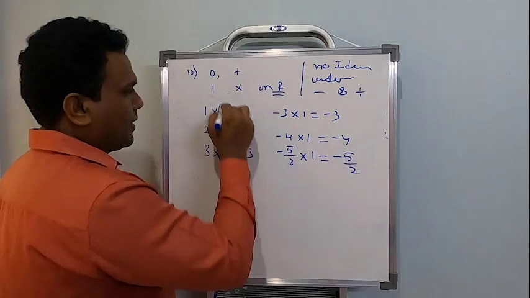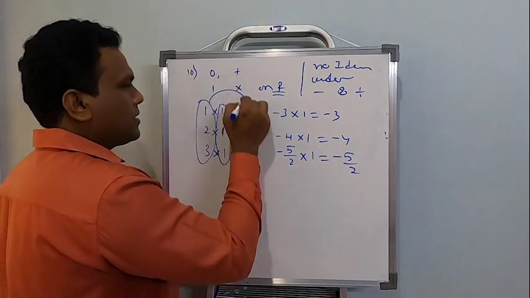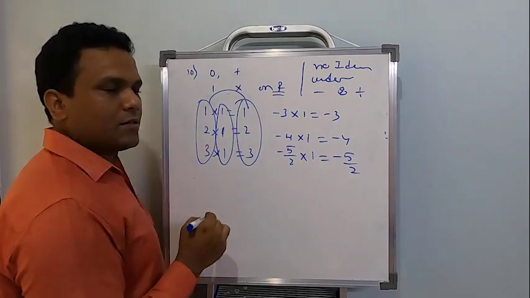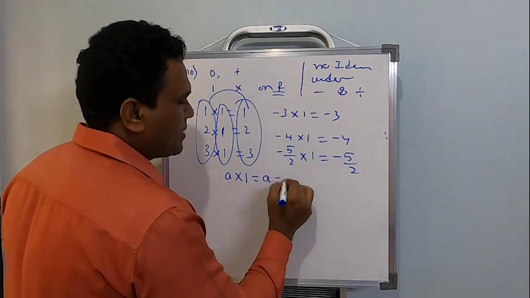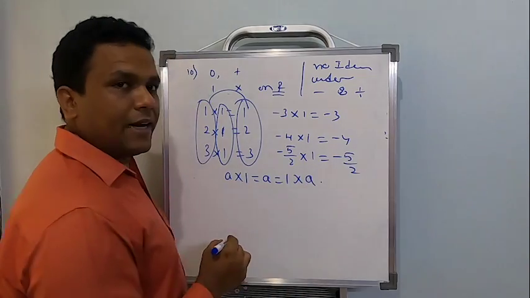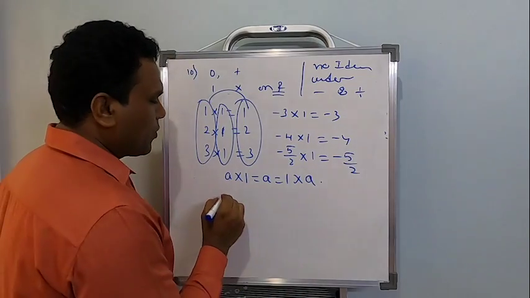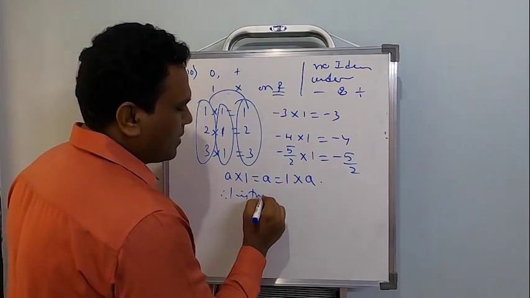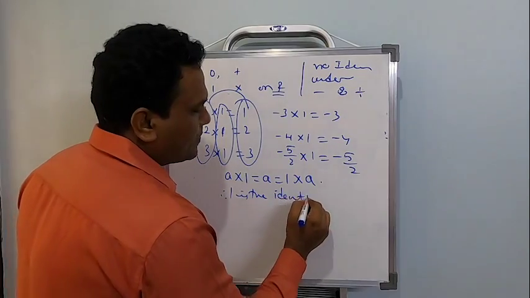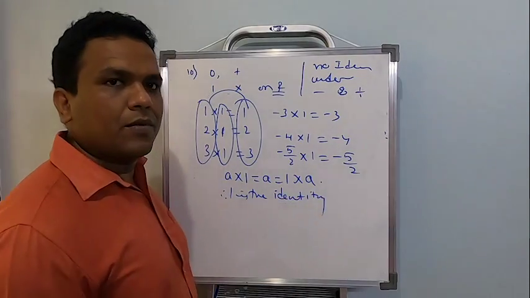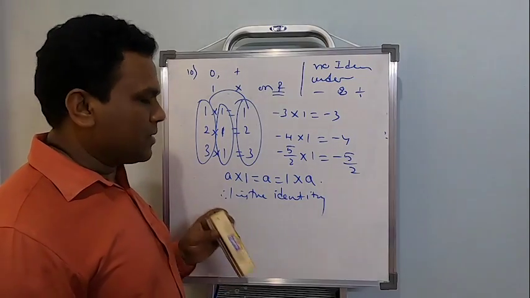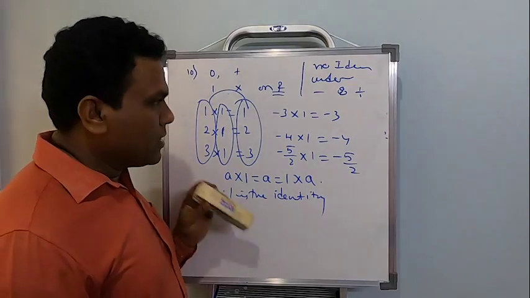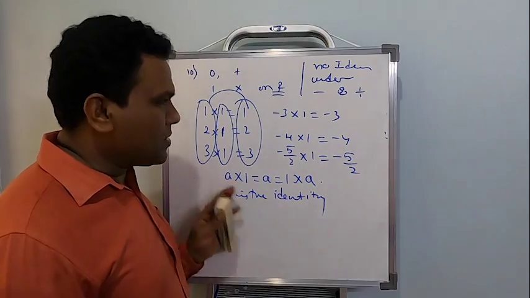So when I multiply 1 with these real numbers, I get back the same real numbers. So A multiplied by 1 is equal to A is equal to 1 multiplied by A. It's possible to write. Therefore 1 is the identity element. Fine students, I hope the examples are helping us understand the things very clearly, right? So take help from some examples and prove it.